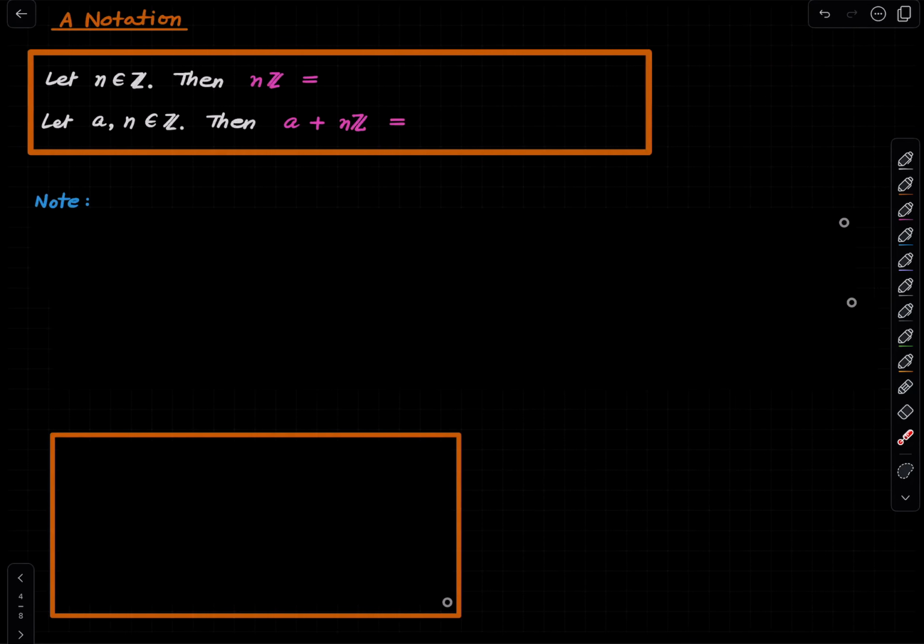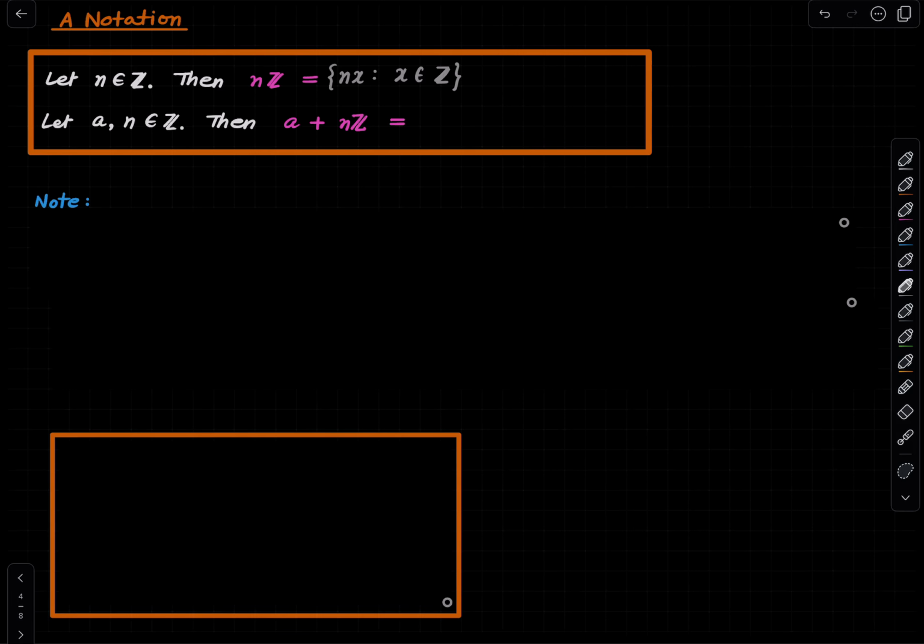This notation will facilitate the expression of the set of all the equivalence classes. What notation? For any integer n, we will write nZ to mean n times x, where x is an integer. So all multiples of n, which is the same as saying all the things which are divisible by n.